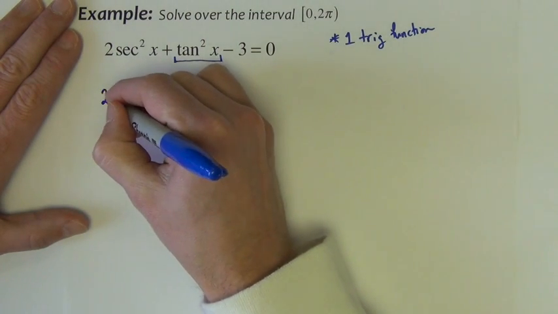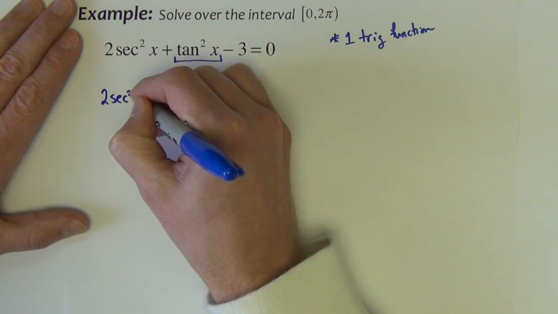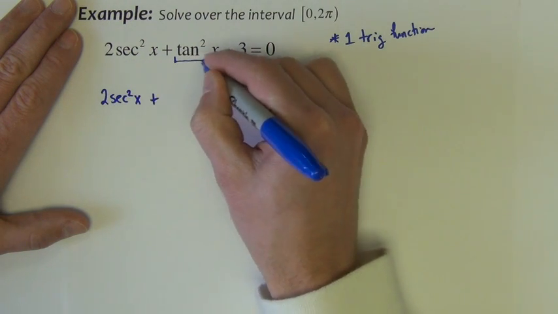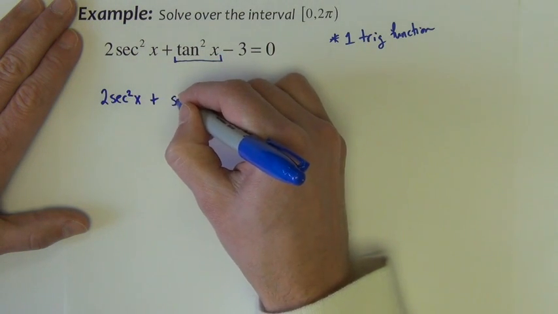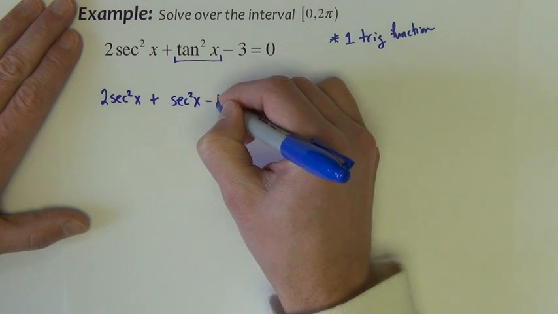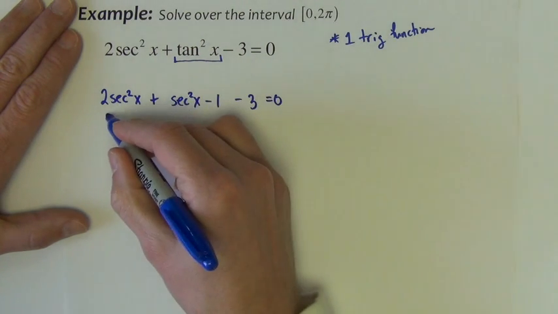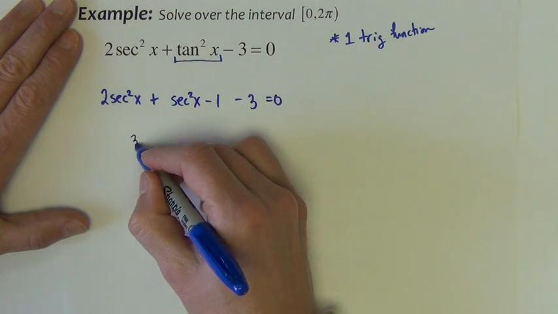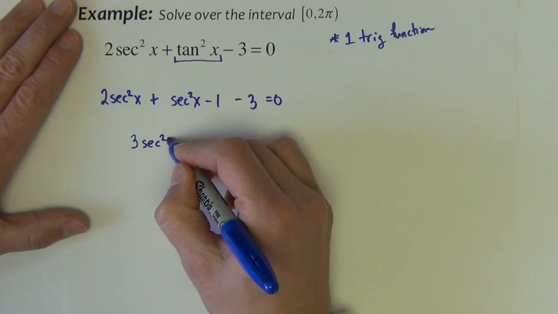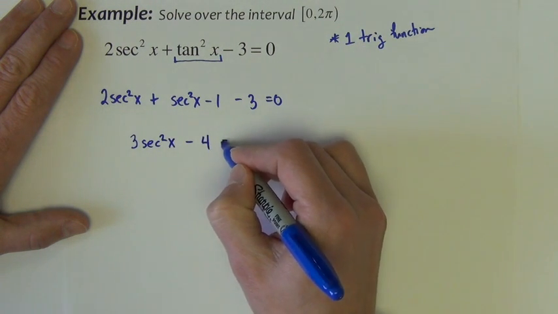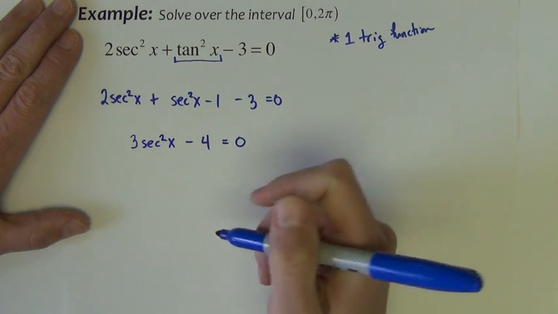So I would have 2 secant squared x plus, now instead of tangent squared, we're going to use secant squared x minus 1, minus 3 equals 0. Like terms then combine to give me 3 secant squared x minus 4 equals 0.